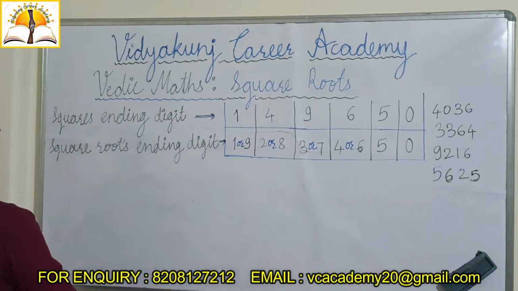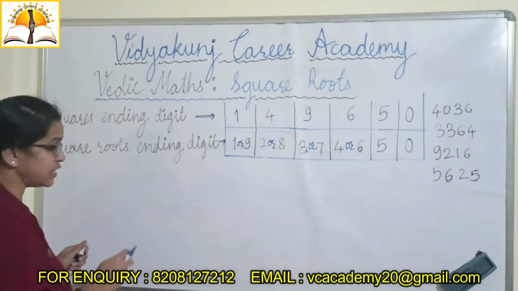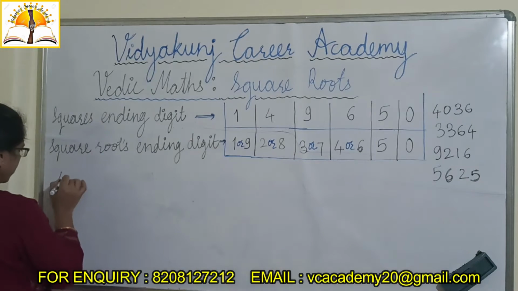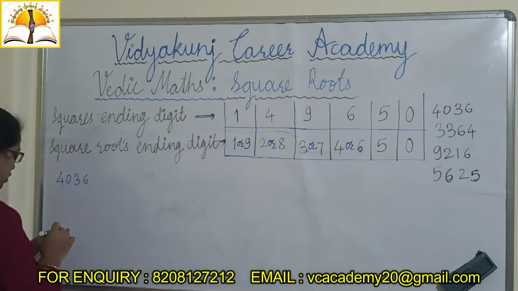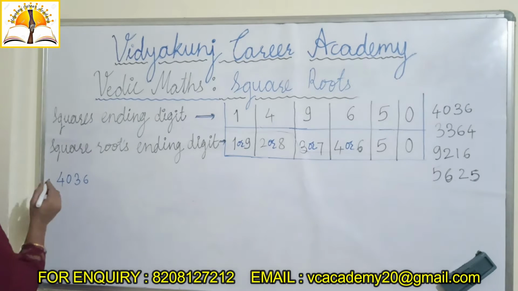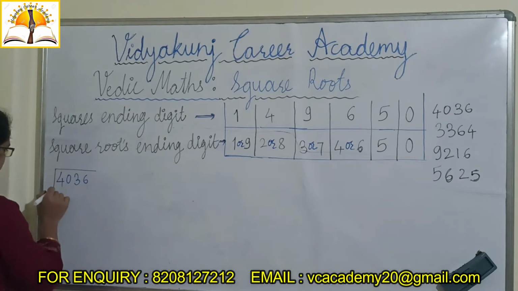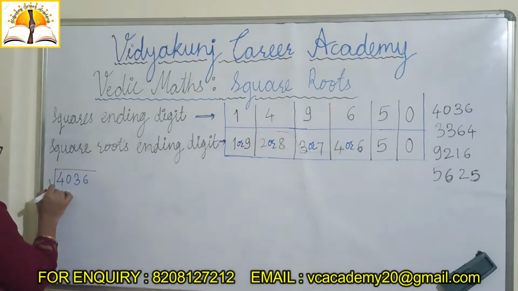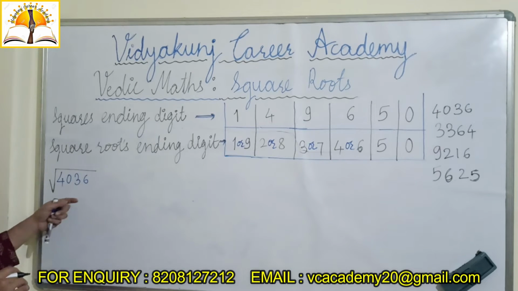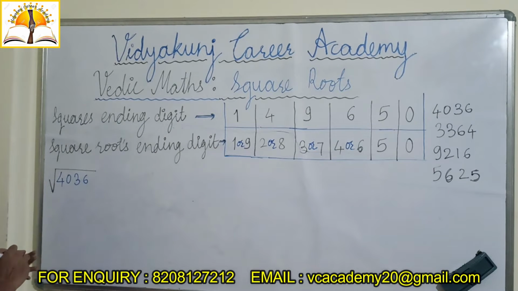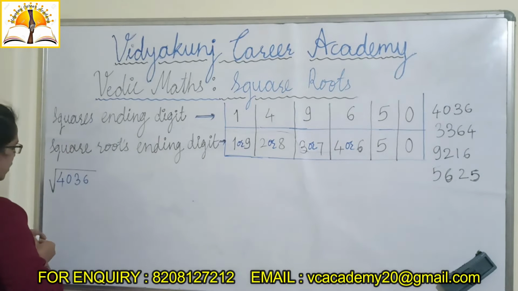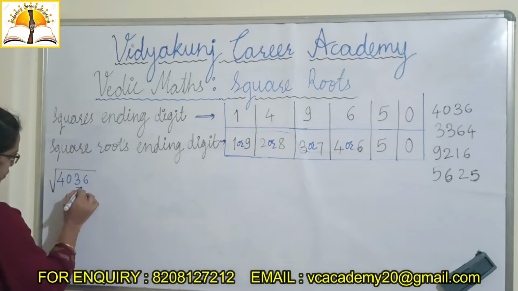Now I will take the first number and explain. I have to take out the square root, so I will put the square root sign here. First step: from the right-hand side we make groups of 2 numbers.